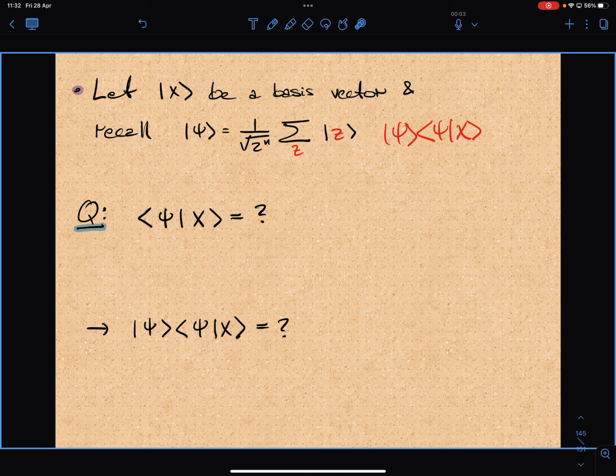And recall that the x's and the z's are orthonormal basis vectors.